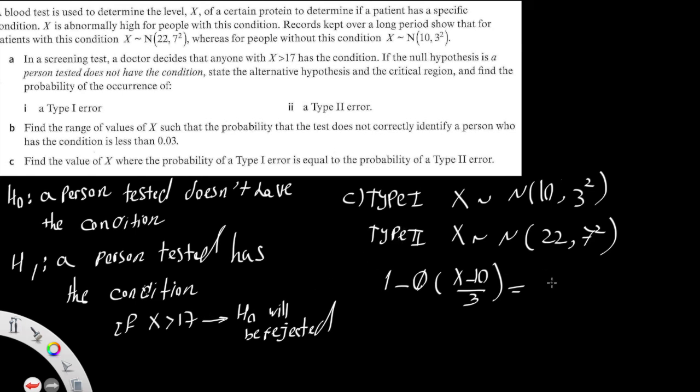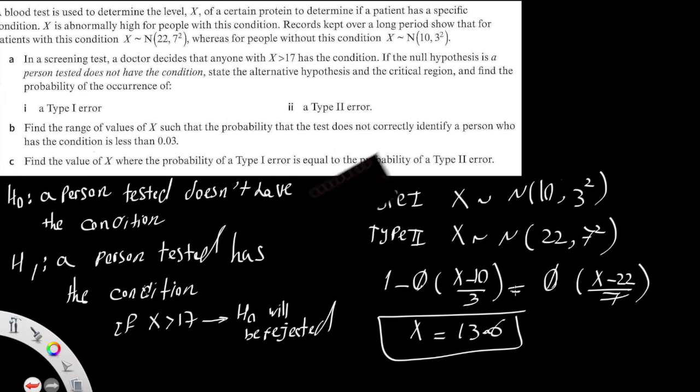So it will be phi of x minus 22 over 7, which is equal to, after using the normal distribution table and simplifying, you will find x equals 13.6.